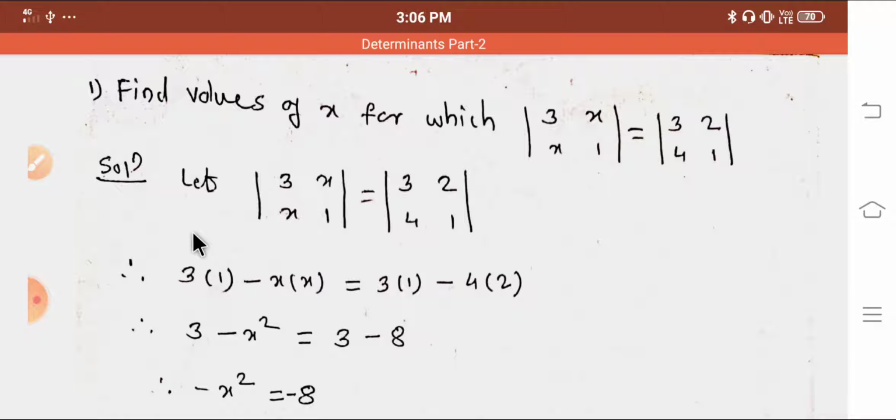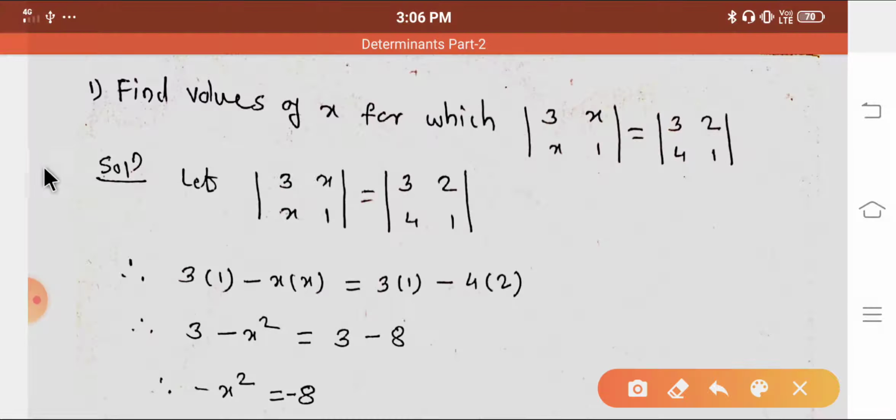Expanding the determinant by cross multiplication: 3 into 1 minus x into x equals 3 into 1 minus 4 into 2. So 3 minus x square equals 3 minus 8.